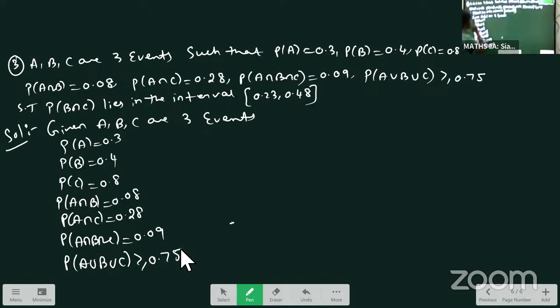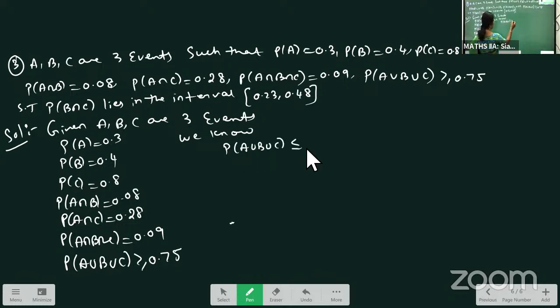Before going to that, we know the probability of the sample space is always 1 or less than or equal to 1. So we know P of A union B union C is less than or equal to 1. But what is given? Given that P of A union B union C is greater than or equal to 0.75.